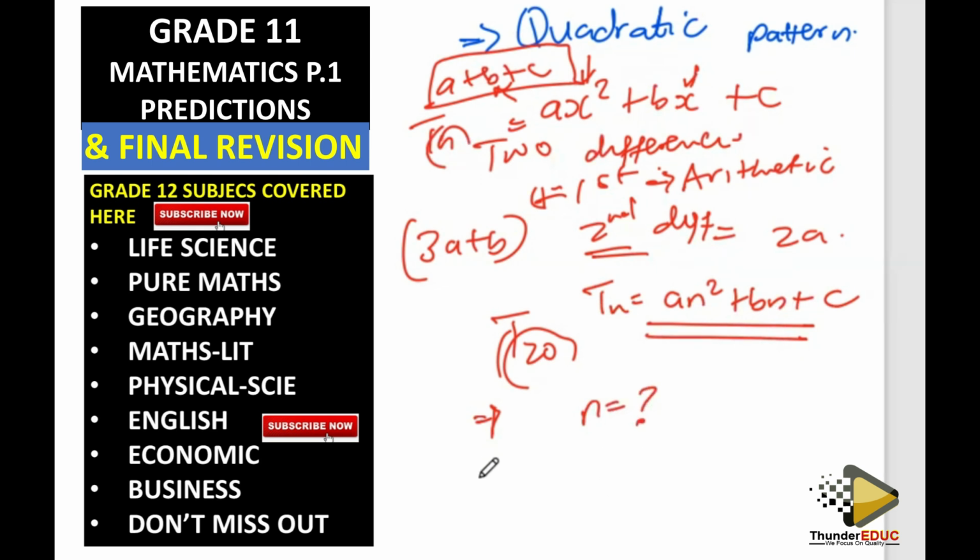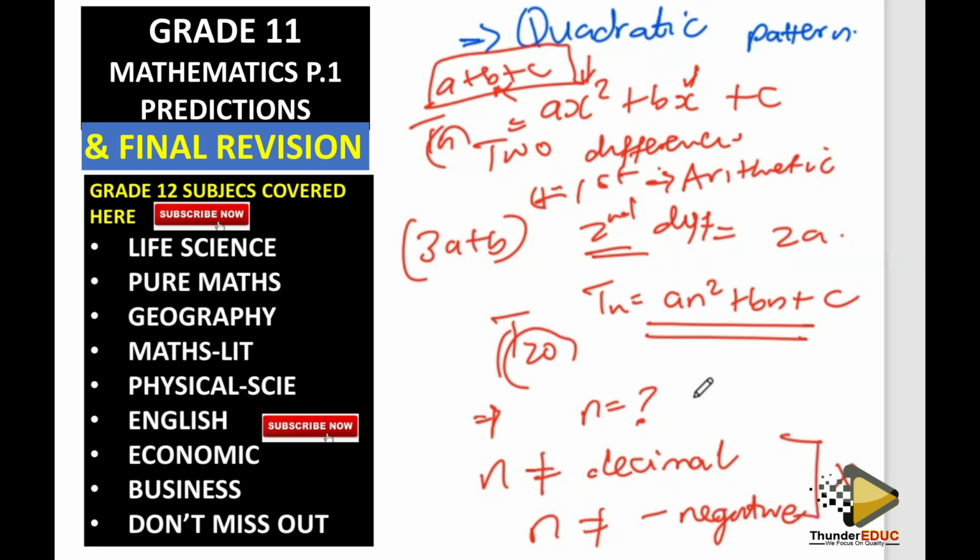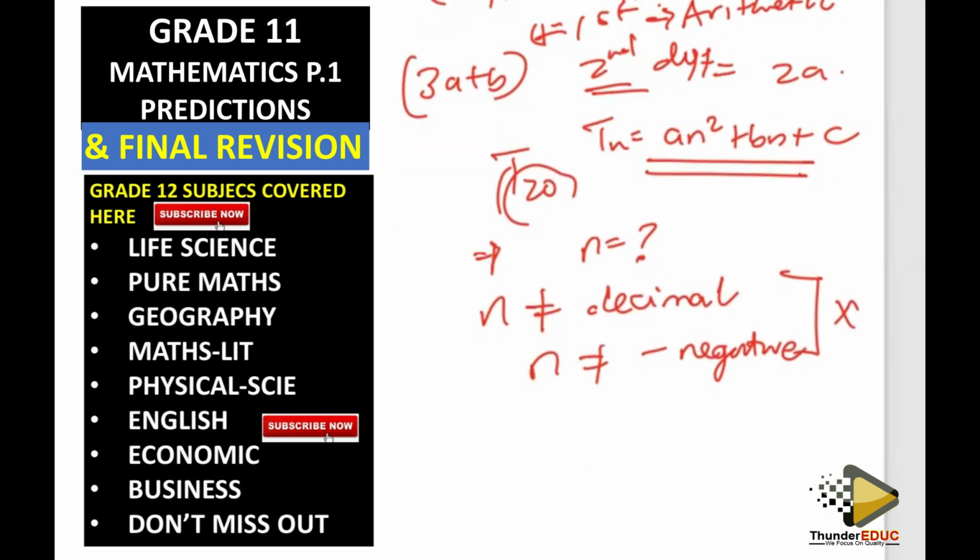One thing we need to know: n should never be a decimal, and n should never be negative. This we don't entertain under number patterns because we cannot have a negative position, or a position that is a fraction. So that is to do with the number patterns, 25 plus minus.